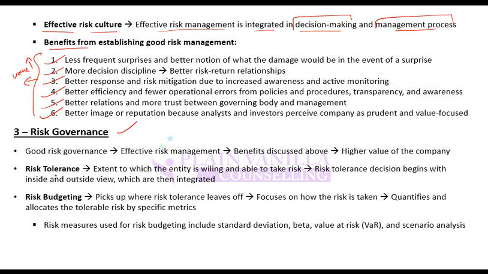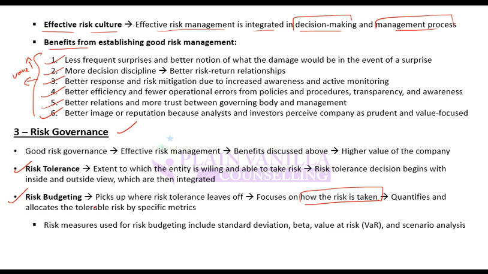In risk governance, you analyze the risk tolerance, that is, how much risk can actually be taken. Then you set risk budgets, that is, where that risk should be coming from. That is how the risk is taken. So risk tolerance would help you answer how much risk you are willing to take, and then risk budgeting will help answer how the risk is taken, where you should take risk from.